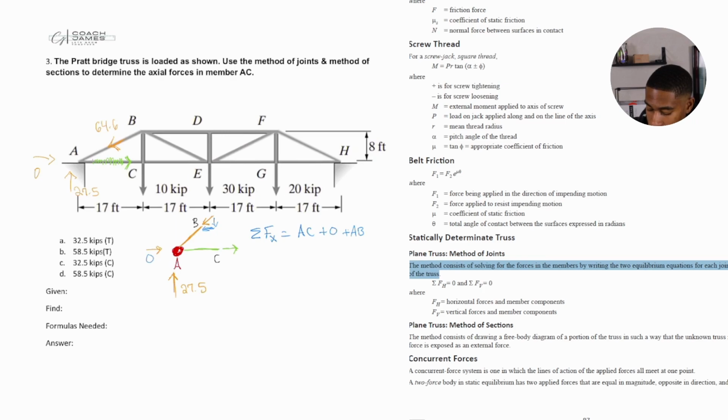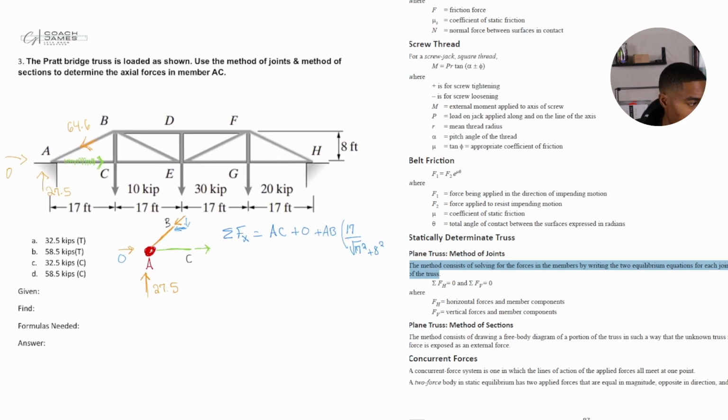And then we need the value of X. So how do we get that? Well, we take the cosine, which is going to be the adjacent distance, 17, over the square root of 17 squared plus 8 squared.